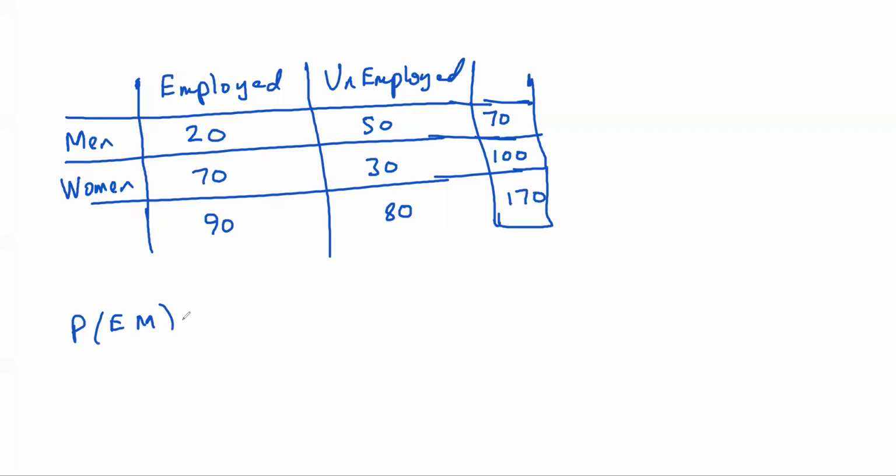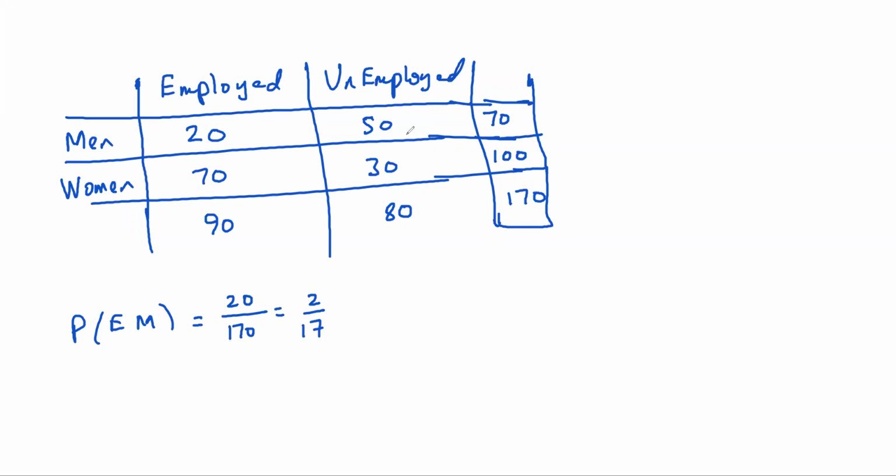How many employed men are there? 20. And how many people are there? 170. So the probability of picking an employed man from these 170 people is going to be 2 over 17.